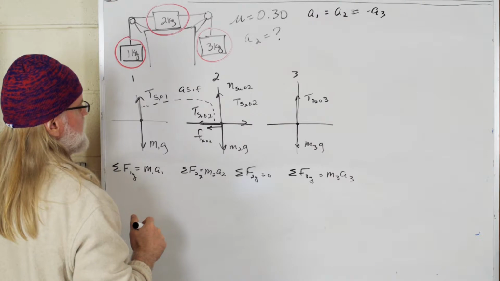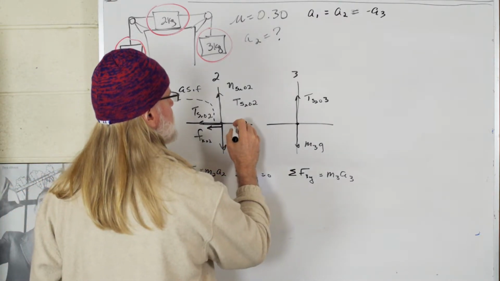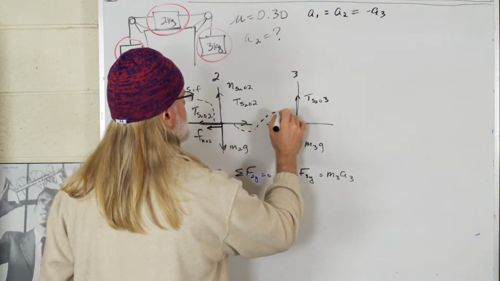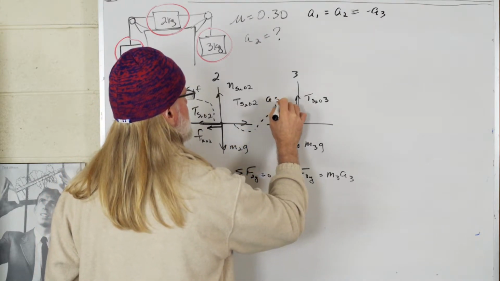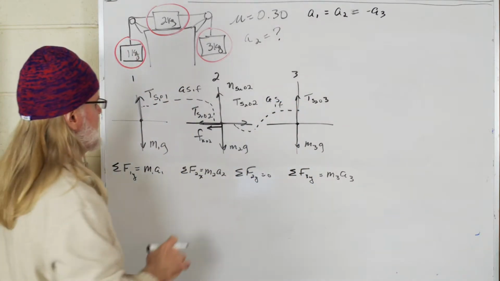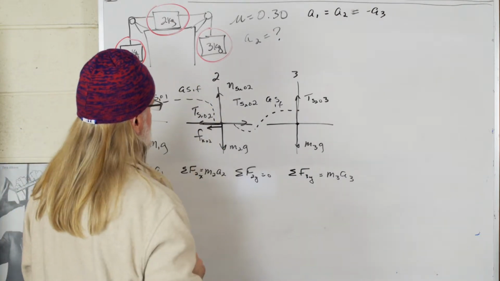So those will be equal in magnitude, not opposite in direction because of the pulley, but these also act as if they are Newton's third law pairs. They aren't exactly because they're not in opposite directions because of the pulley, but there we go.